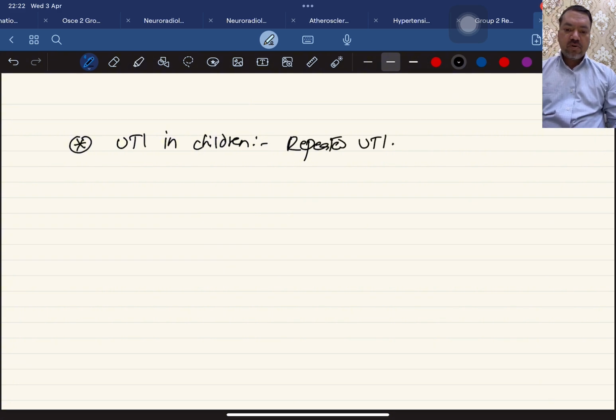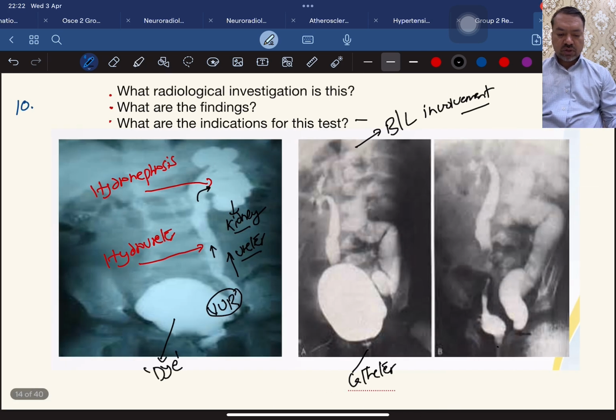We love to do this to rule out the vesicoureteral reflux, and for that the MCUG is the best type of test. So the name of this test is called MCUG, micturating cystourethrography, MCUG or VCUG. M for micturating, V for voiding.